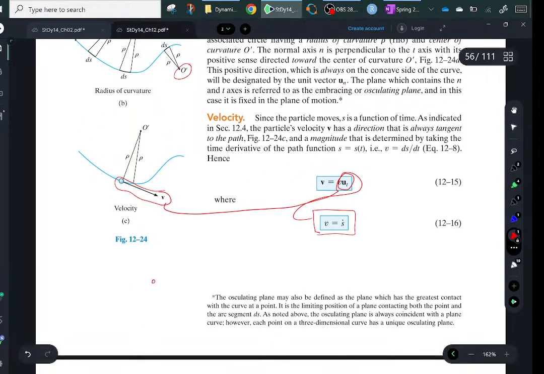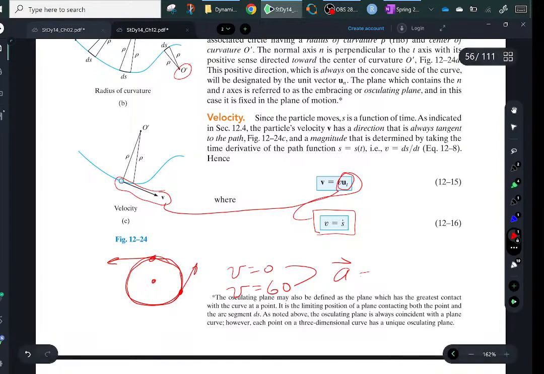Let's say you get in a parking lot and you decide to do donuts. And so you're going around in a circle. Your velocity is always tangent to wherever you are on that circle. But if you start at velocity equals 0, and then you speed up till you're going a velocity of 60, then to get from there to there, you have to have an acceleration pushing you along this path.